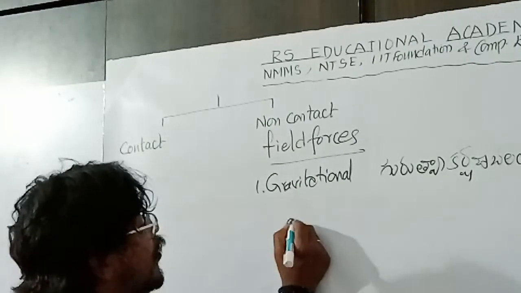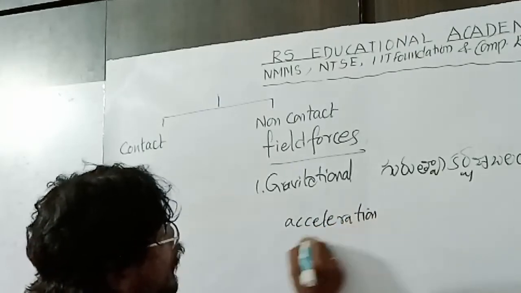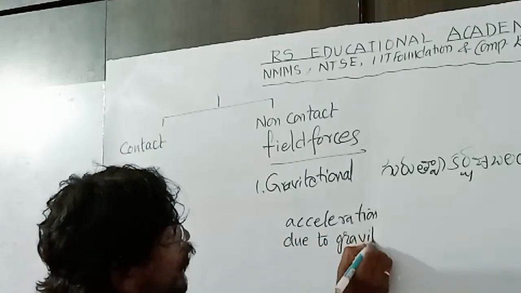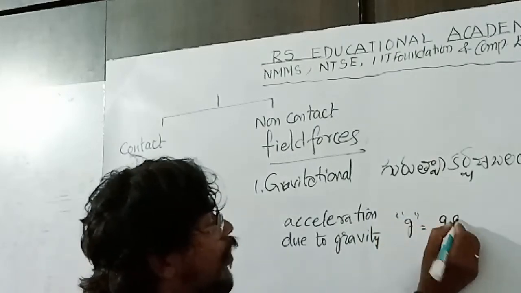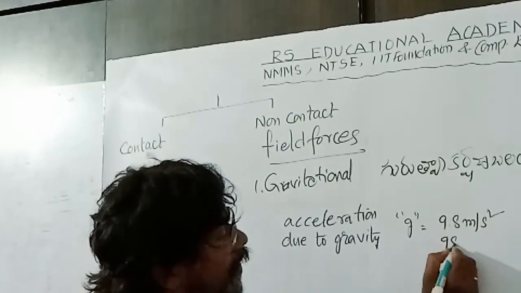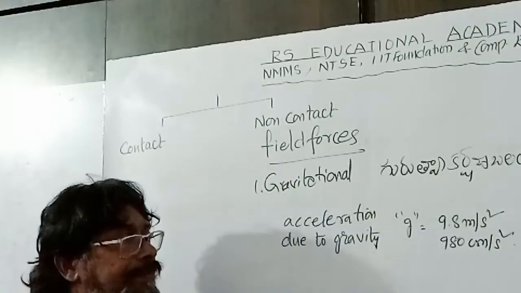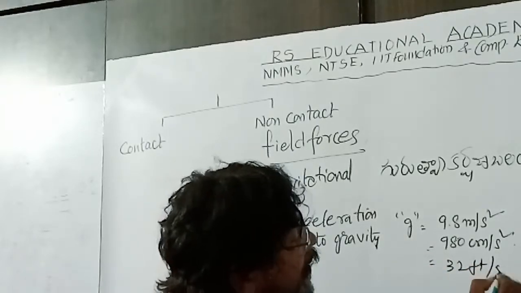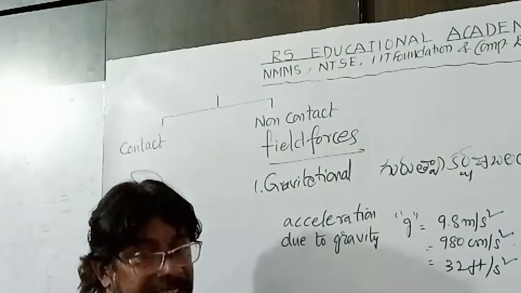సో యాక్సలరేషన్ డ్యూ టు గ్రావిటీ is denoted by small g, that is equal to 9.8 meters per second square in MKS system, 980 centimeters per second square in CGS system, 32 feet per second square in British system.